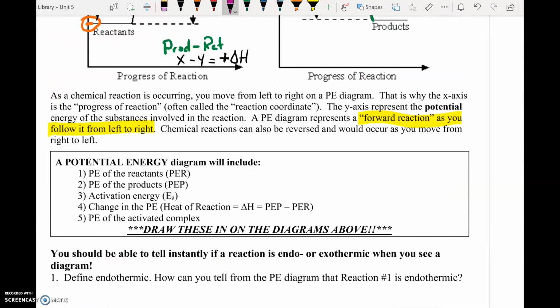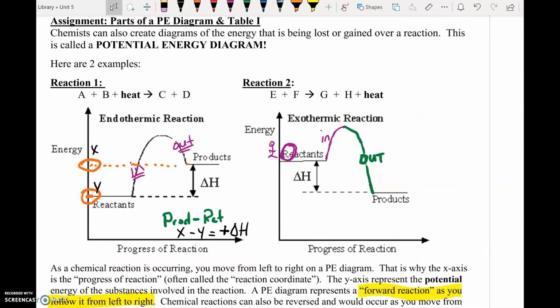So if you go up here to the diagram, when you diagram what happens to a catalyst, it lowers the activation energy. So on the one here on the left, I'm just going to get rid of that and show you this is the activation energy, right? So if it lowers the activation energy, it creates an alternate pathway.